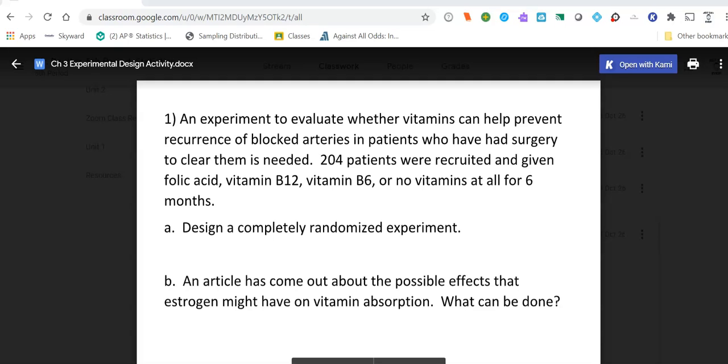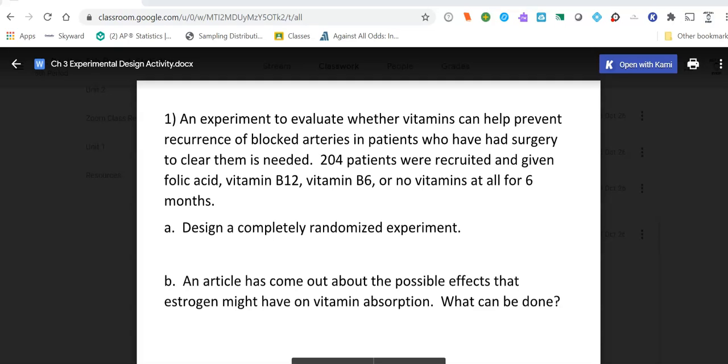Okay, so in a randomized experiment, when it says randomized experiment, is referring specifically to random assignments, and we'll get to that here in a moment. Notice that we do not have a scenario in which we can randomly select the subjects for this experiment, right? They were recruited. They probably volunteered.